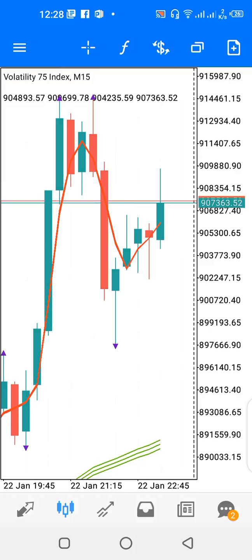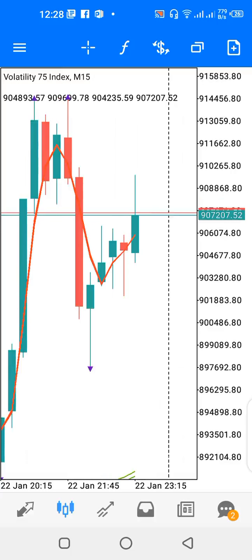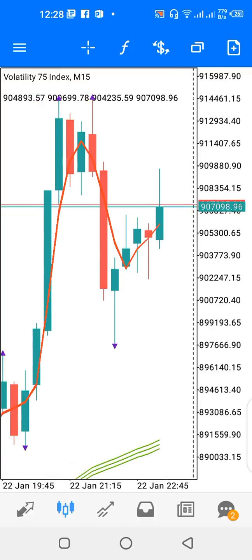Okay, but all this is about hedging your losing trade, so that you close out at break even where there is no loss, no profit, or you close out with some profit.